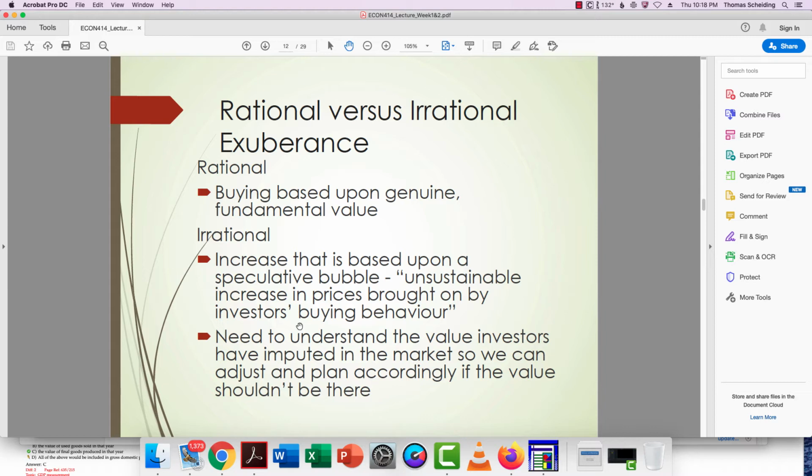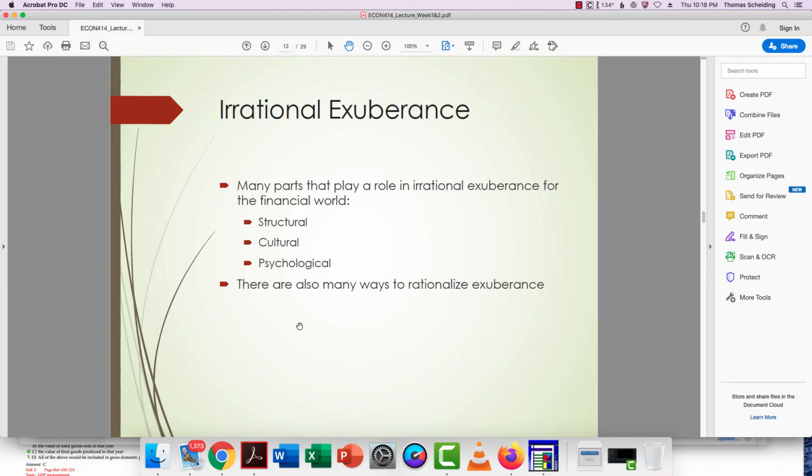Things become irrational. There's no market value to it. How we get to something being irrational can be structural, meaning that part of the economy doesn't stop things from becoming irrational, but can also be cultural and psychological, right?